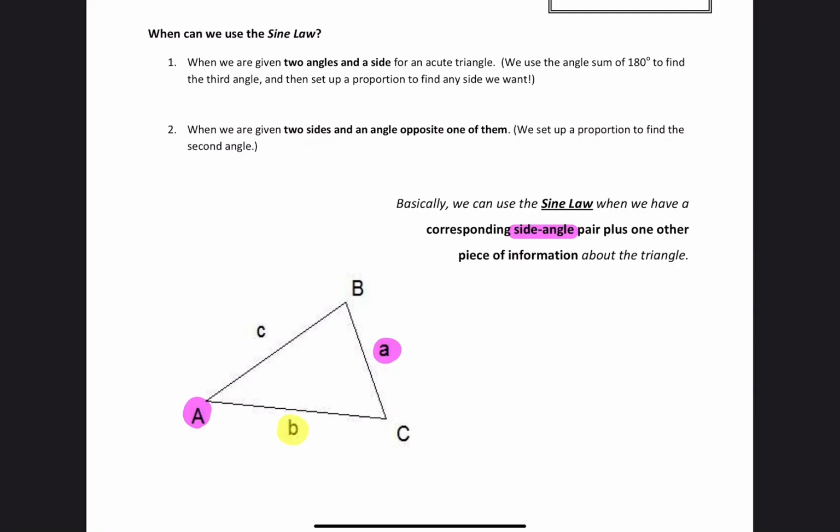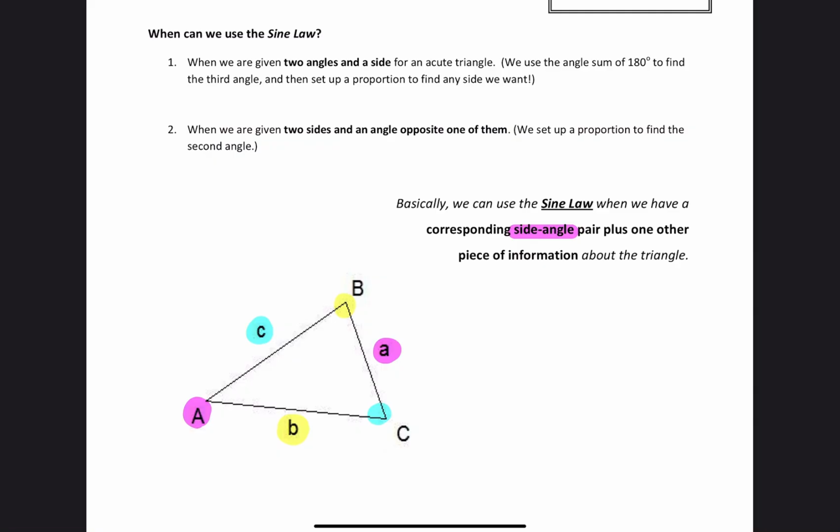This side length is opposite this angle. This side length is opposite this angle, okay? And that's how you can make sure that you know what a side angle pair is, because it's always the ones that are opposite each other, okay? Always the angle and the sides that are opposite to each other.